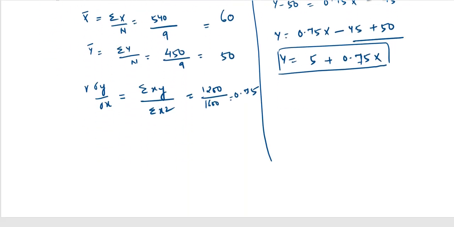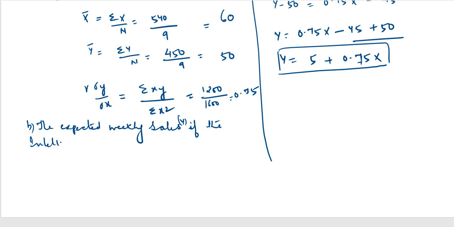Okay, so second question b, we'll write the expected weekly sales, if weekly sales मतलब y, if the intelligence test score is कितना, 65. ठीक है, ये आपका x है, देखिए x दिया हुआ है.